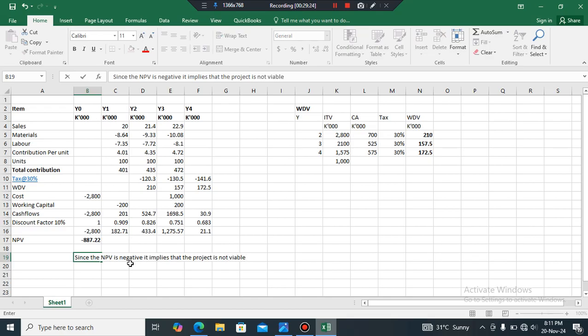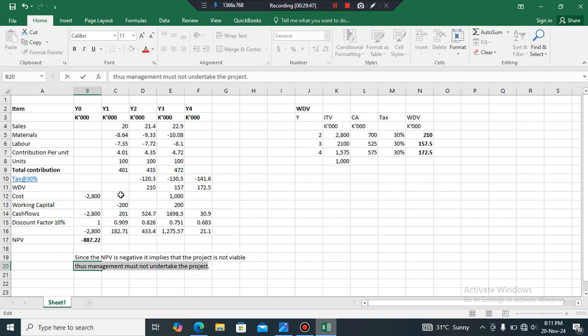The project is not viable. Thus, management must not undertake the project.